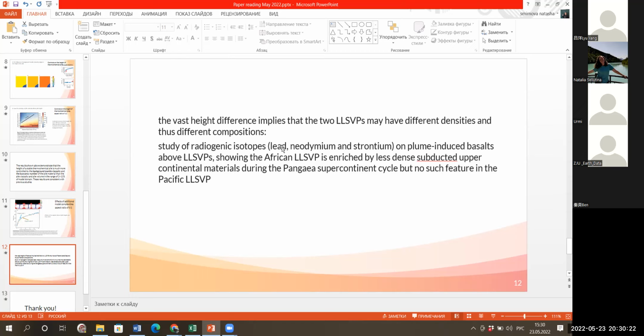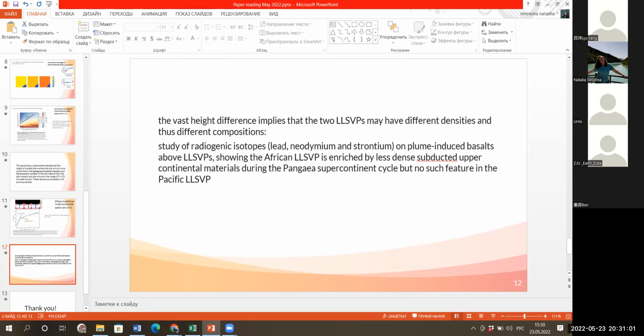However, in experiments provided in literature not connected with this research, the pile materials were covering more than half of the depth of a tank, and this continuous global layer always covers the bottom of the tank during the oscillatory process. So it is not exactly what we are seeing from seismic images, and this still can be discussed. And to summarize, the larger height of the African large low shear velocity province indicates that at least the African large low shear velocity province is probably unstable.